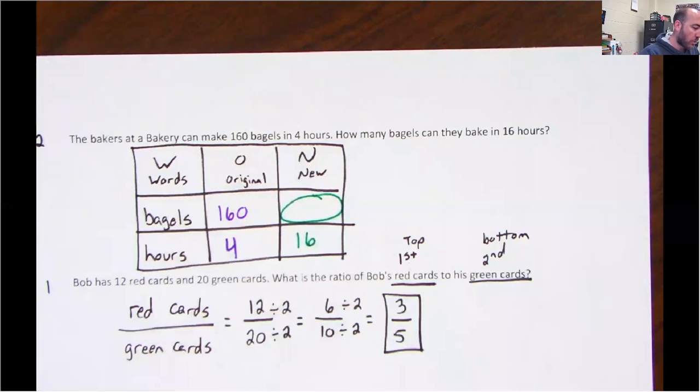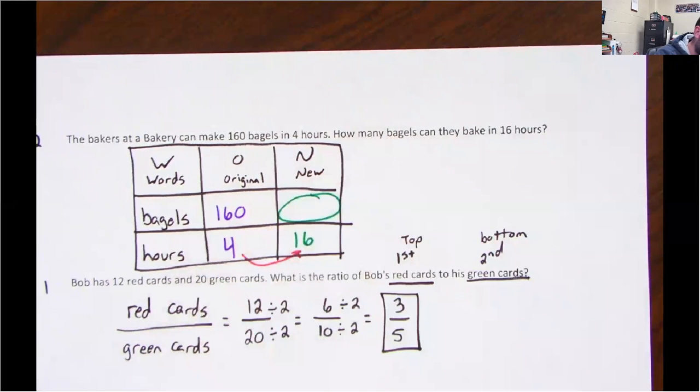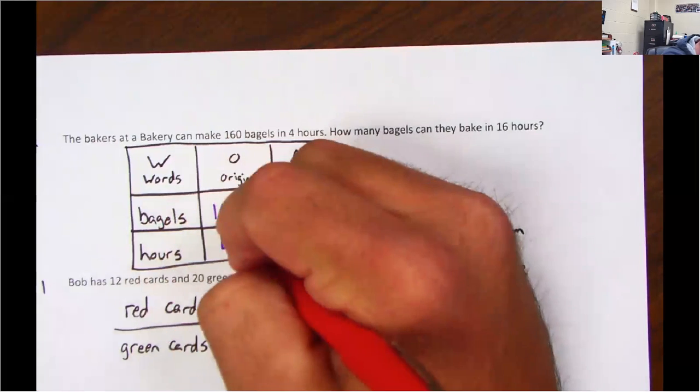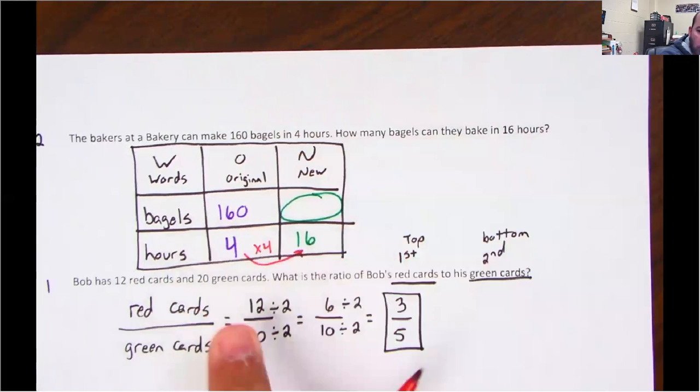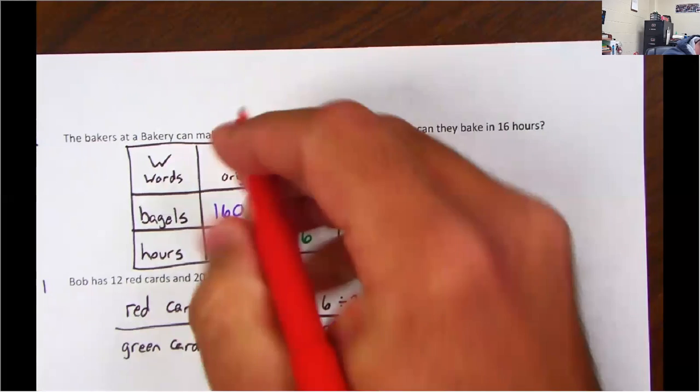All right. So this one's a little bit different, guys. We're now having to do a little bit of math. We're going to use the multiplicative comparison, which means you have to multiply. 4 times what number is 16? Wasn't that times 4? So whatever you multiply here, you have to multiply by up here.